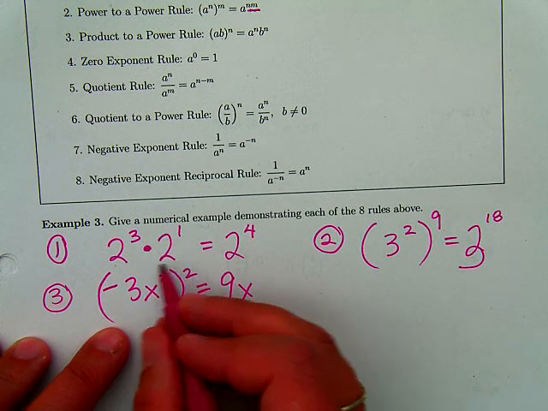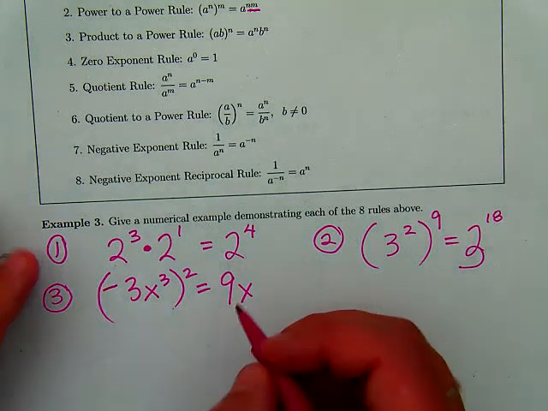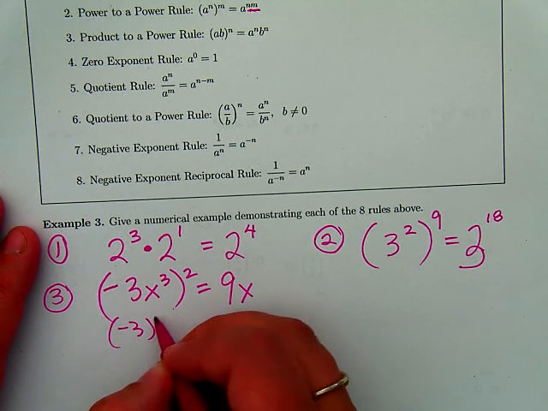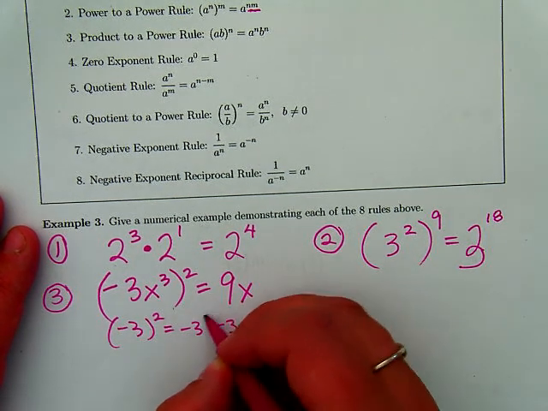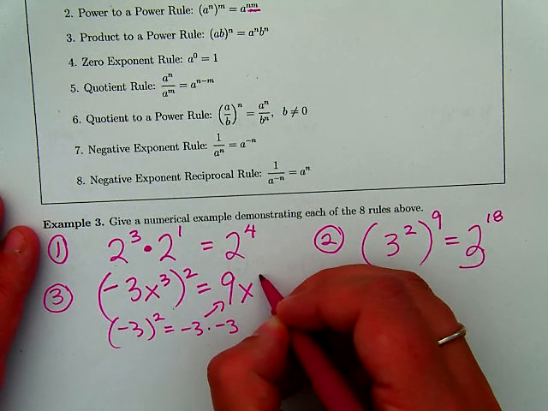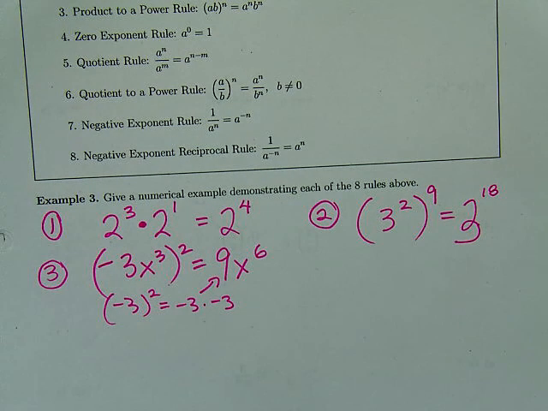This square means I'm going to multiply the number by itself, right? So that's going to be negative 3 squared, which is negative 3 times negative 3. That's where I'm getting the positive 9 from. And then x to the 6th power. It is really hard to switch your head around from what do I do with the number, what do I do with the variable?